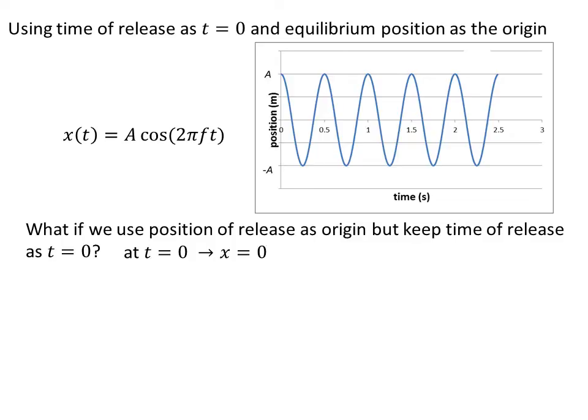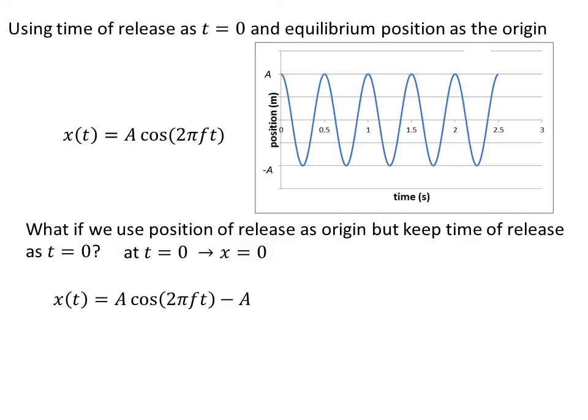So if we want to change our equation for the position as a function of time, all we need to do is take A times cosine 2 pi f t, and subtract off A to make it so that when t equals 0, we get 0.